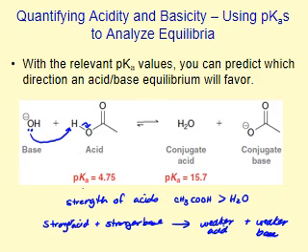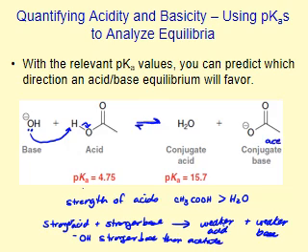And so since we see that acetic acid is stronger than water, you can notice that it's going to favor the forward direction, that there's more of an equilibrium in the forward direction than there is in the reverse direction. And the other conclusion we can make is that therefore OH is going to be a stronger base than acetate. And this is the acetate ion here.